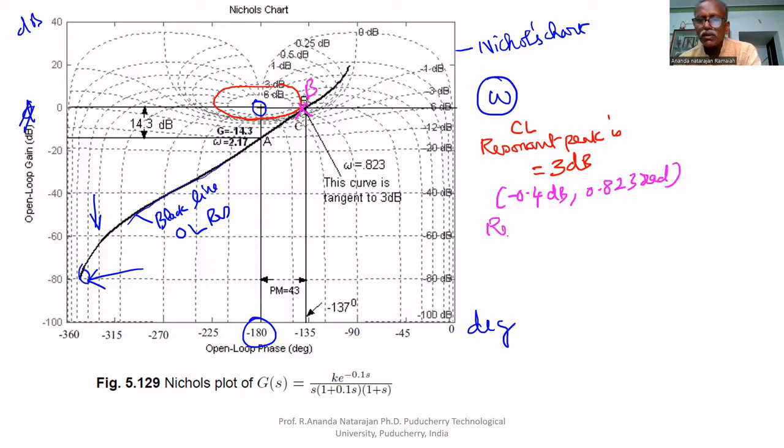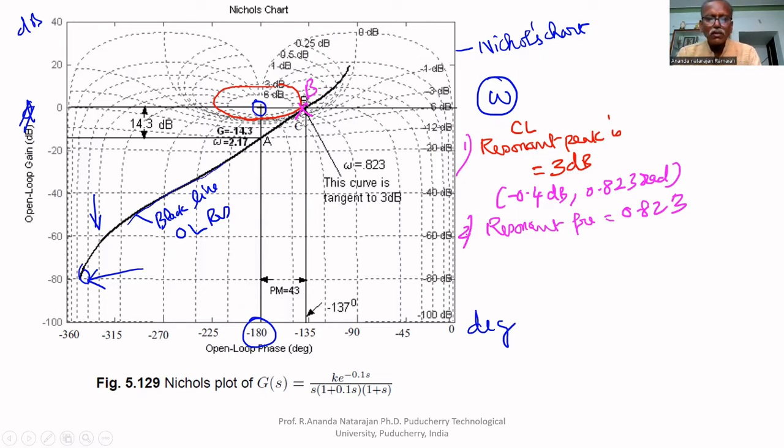Therefore, resonant frequency equal to 0.823. So we read two closed loop values: one is resonant peak and the other is the resonant frequency at closed loop.